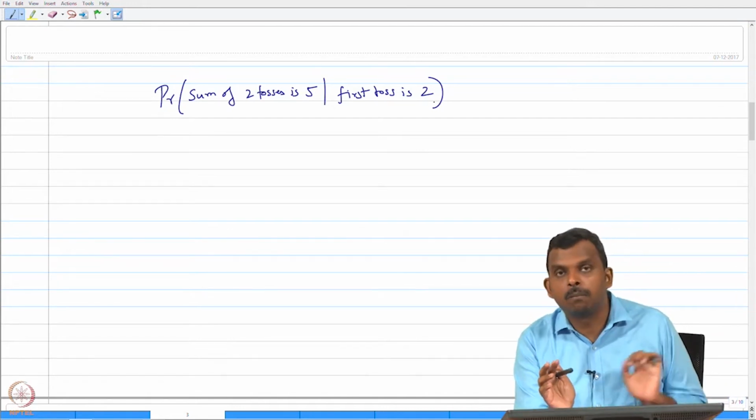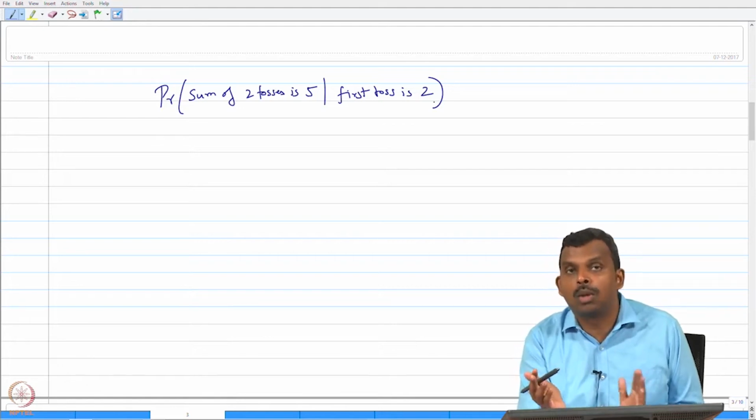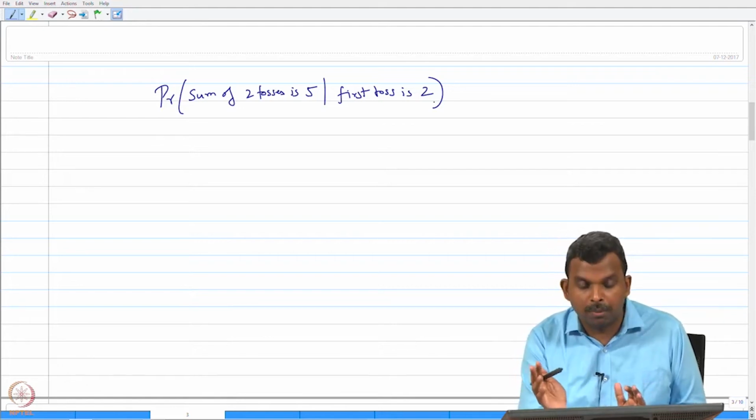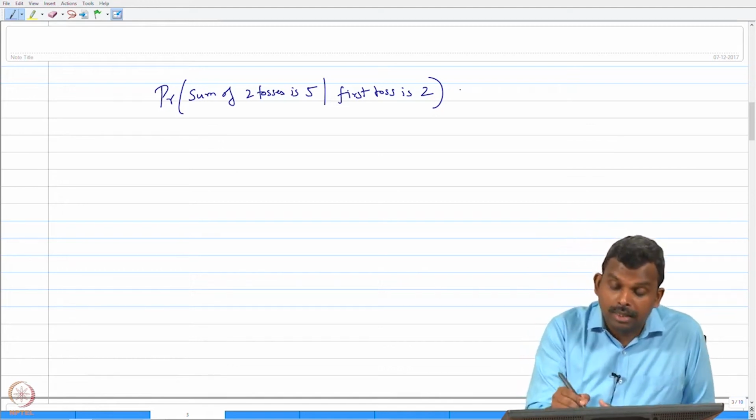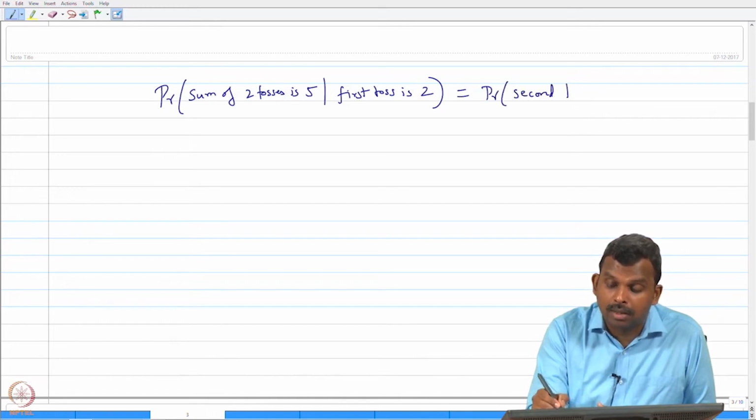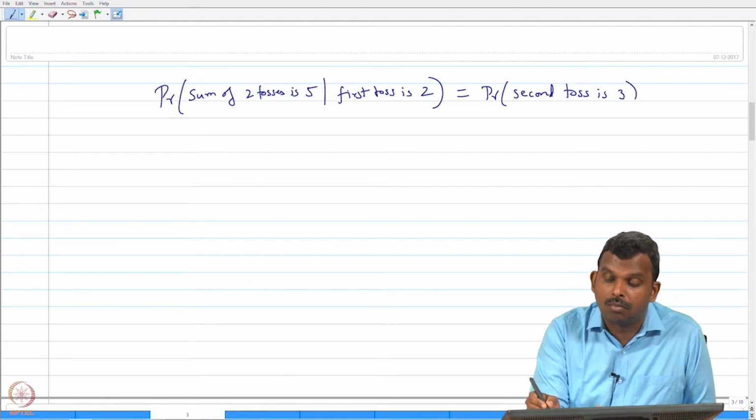You only have to throw the die one more time, and you want the sum of the 2 tosses to be 5, which means what? This is the same as the probability that the second toss is 3.